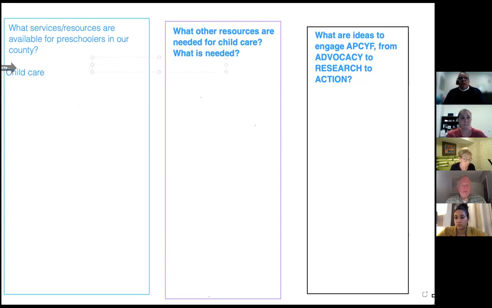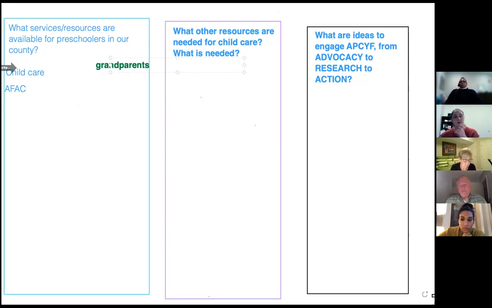What are ideas to engage APCYF from advocacy to research to action? Those are pretty definite steps. So if you could move through them and list something about action, research, and then an action, that would be what we're looking for. Does that make sense to everybody?